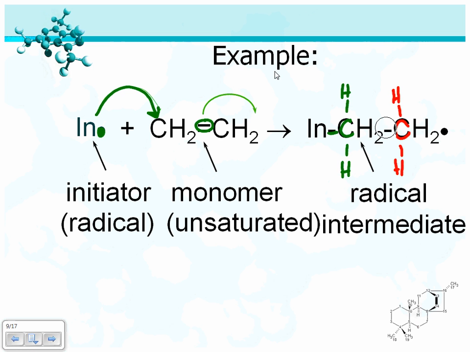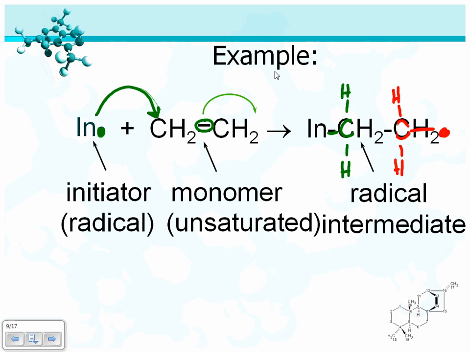Well, it sits there with a free electron on the end, waiting to make another bond with something else. That's called a radical intermediate. That's your carbon radical, because now my free electron or radical is sitting on a carbon atom and not on an indicator. So that's your first step to initiate the chain.